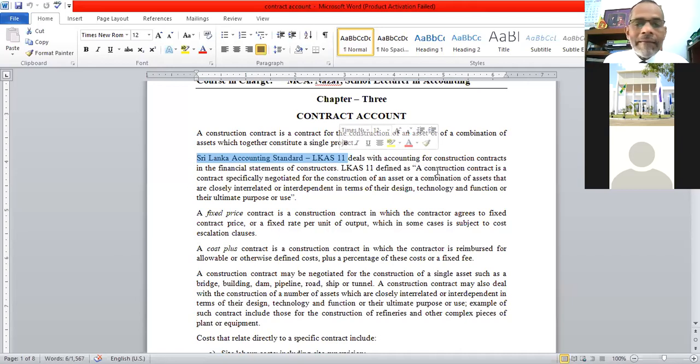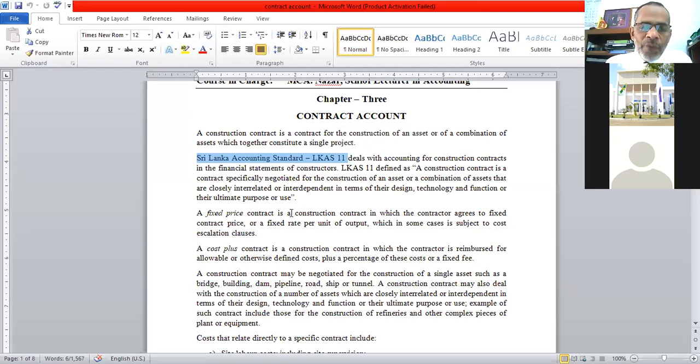A construction contract is a contract specifically negotiated for the construction of an asset or a combination of assets that are closely interrelated or interdependent in terms of their design, technology and function, or their ultimate purpose or use. This is the definition given by the LKAS 11. Already I have given what you mean by a contract or construction.